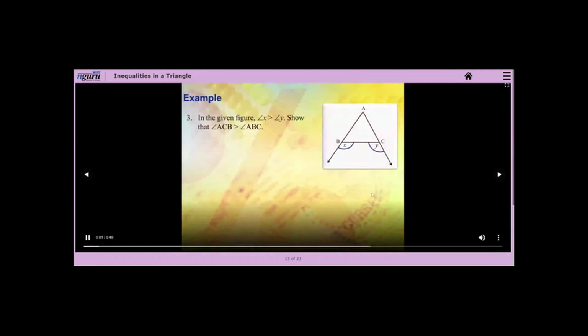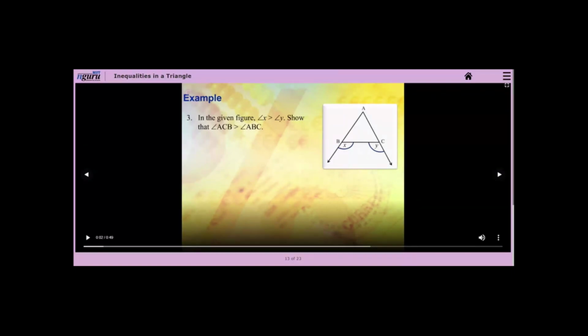In the given figure, here they have given angle X is greater than angle Y. You have to prove ACB is greater than ABC. X is greater than Y. How much is ABC plus X? 180, ma'am.